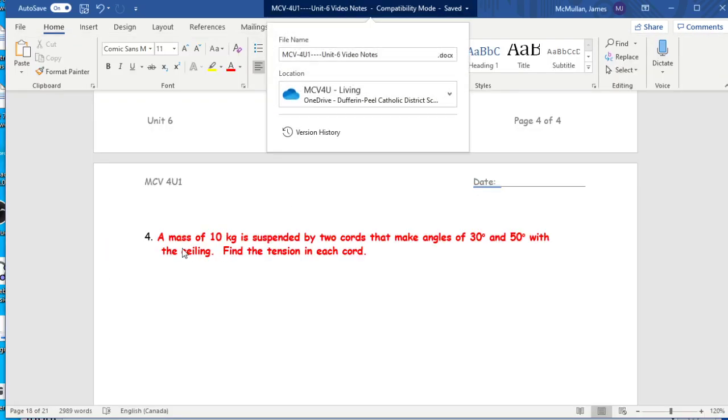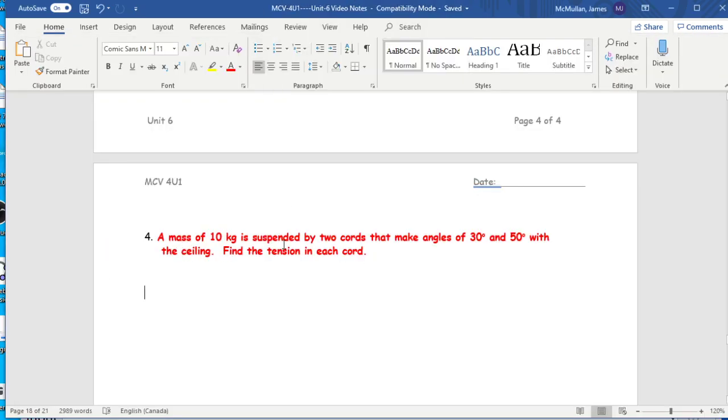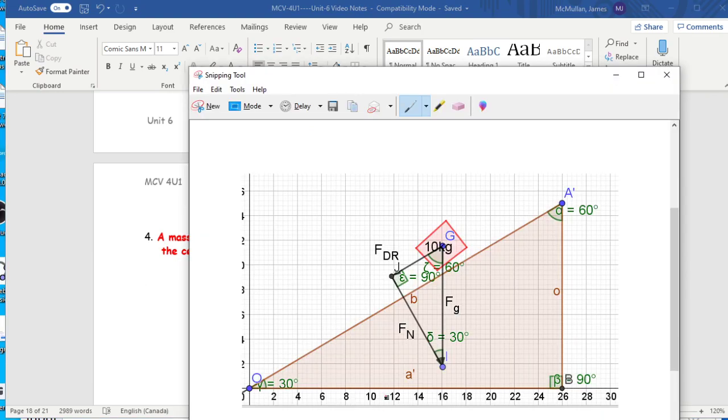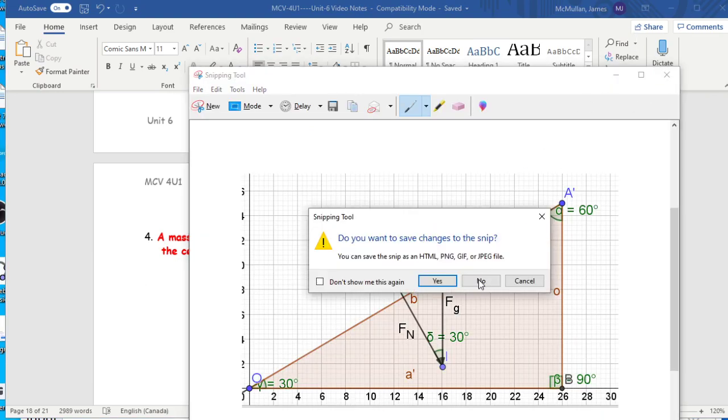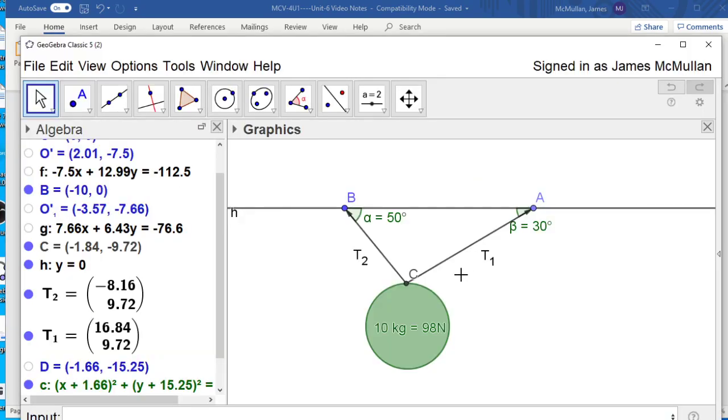Now, a mass of 10 kilograms is suspended by two cords that make angles of 30 and 50 with the ceiling. So that's what I've drawn, right? Here's the part that makes 30 degrees with the ceiling, and here's the part that makes 50 degrees with the ceiling.